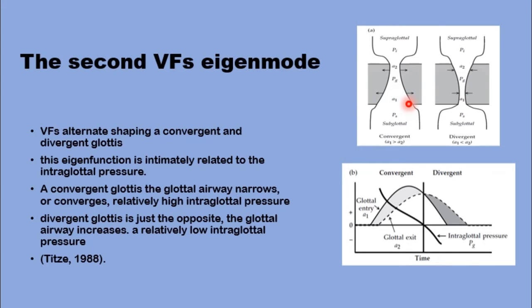These types of configuration help in transfer of energy from the aerodynamic flow to the vocal folds. As you can see in the convergent configuration, the inlet to the canal is much wider than the exit. According to the Bernoulli phenomenon, this would create a higher intraglottic pressure, and this would allow transfer of energy to the vocal folds to open up the canal and allow passage of air.